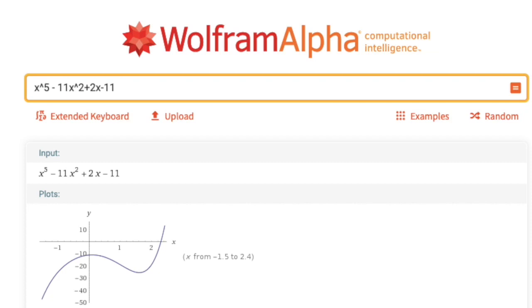And with quintic polynomials, we don't have something like the quadratic formula where we can just apply it to any quadratic polynomial and get an answer. So Wolfram Alpha actually is going to use some sort of root finding method in order to tell us the answer. So we can see in this graph that the root is somewhere between 2 and 3.